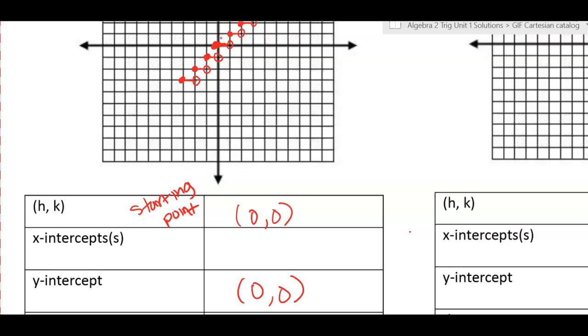Infinitely many. So we would say there are x-intercepts at all x values between, and then we'll write it like an interval. So including 0 up to 1, but not including 1. That's the only way we can say that there's infinitely many things, is to give them an interval. So you couldn't list it out, right? You'd be there forever, okay?